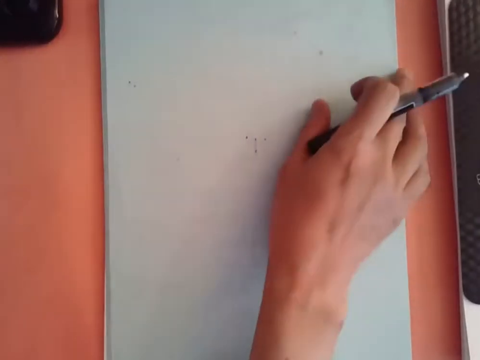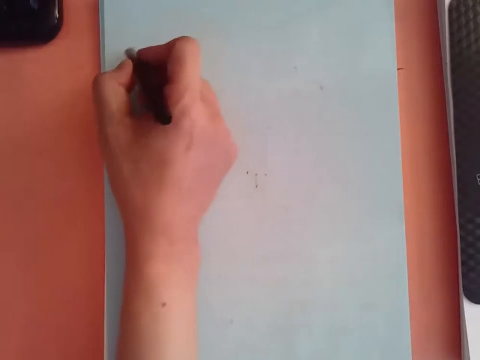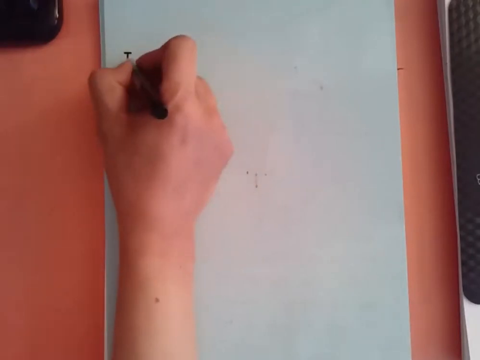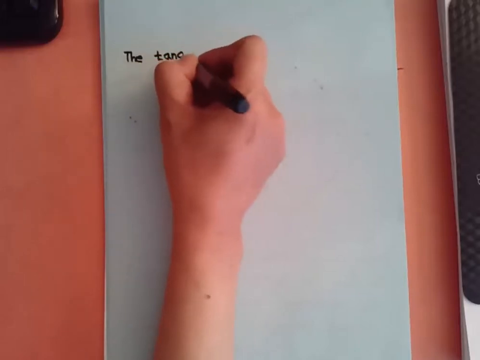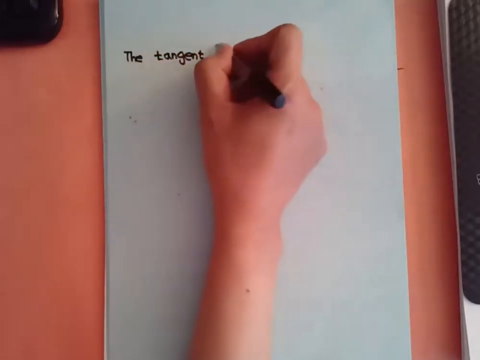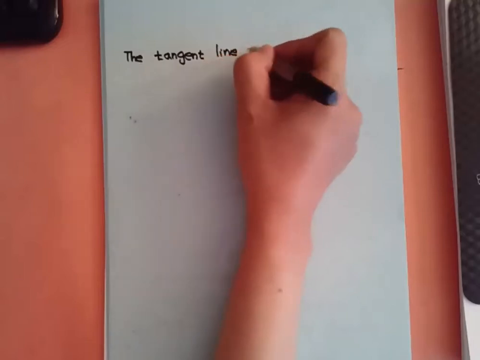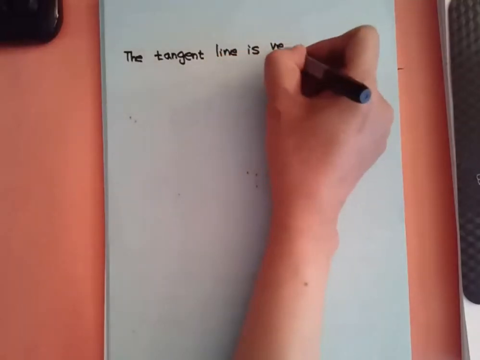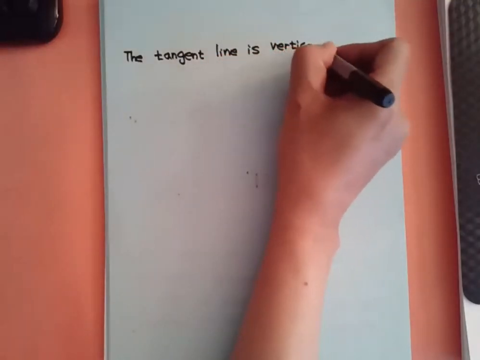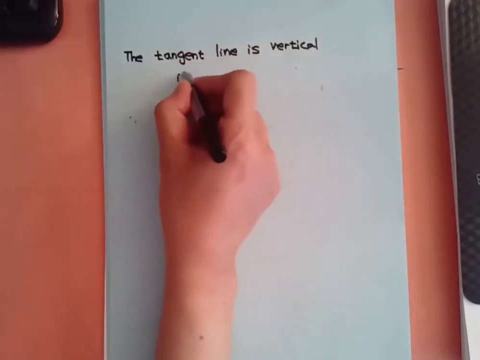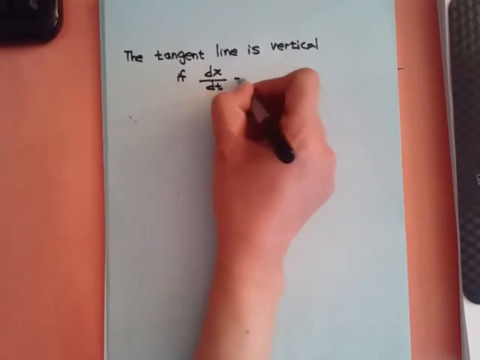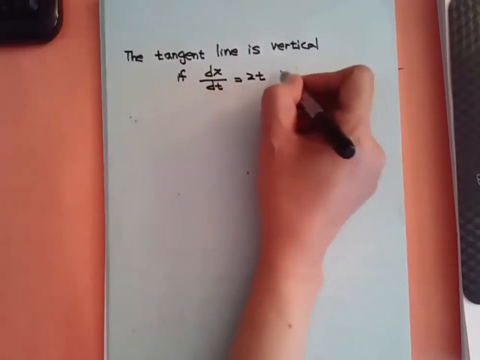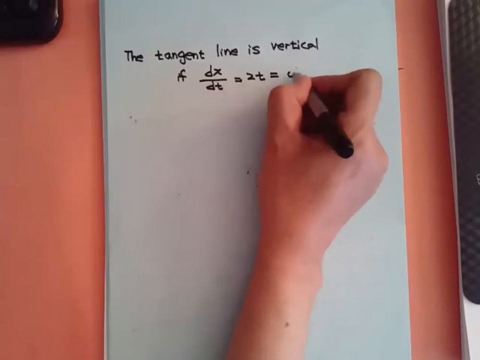We want to figure out where the tangent line is vertical. The tangent line is vertical if dx over dt equals 2t equals 0.